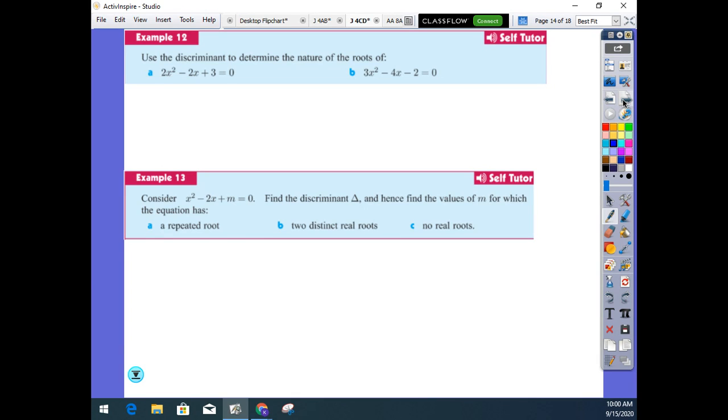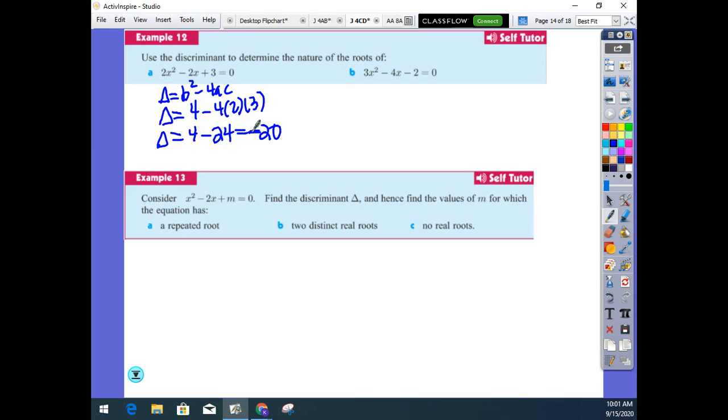But sometimes it just wants you to tell you about the answer. All right, so to find the discriminant, and this is in your formula booklet, this formula, b squared minus 4ac. So b squared is negative 2 squared is 4, minus 4ac. 4 minus 24 is negative 20.